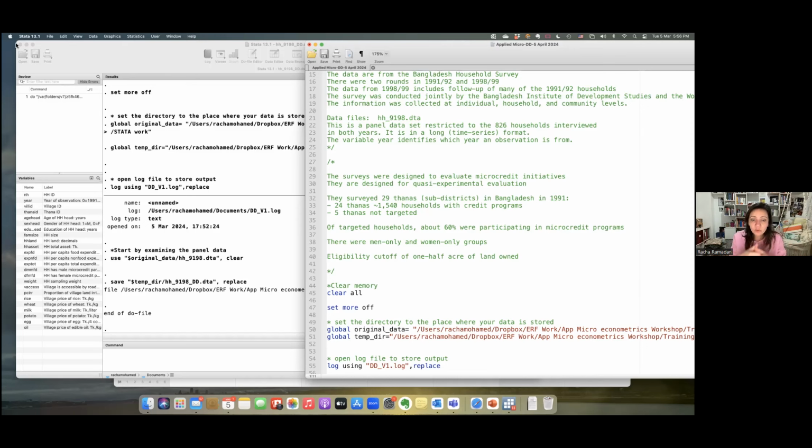This means that the microcredit program will not always have the same effect if it is for males or for females. Here we are already distinguishing between households that receive only men's microcredit and households that receive only microcredit for women.